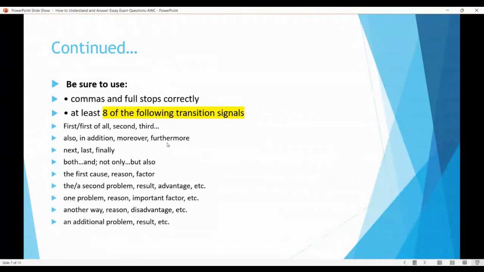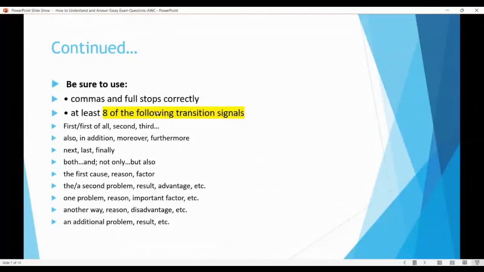Also, in addition, moreover, furthermore, these are linkers of addition that you can use when we are giving extra information, additional information. Again, next, last, finally, they are linkers of order. First, second, third, they can also be called linkers of order.